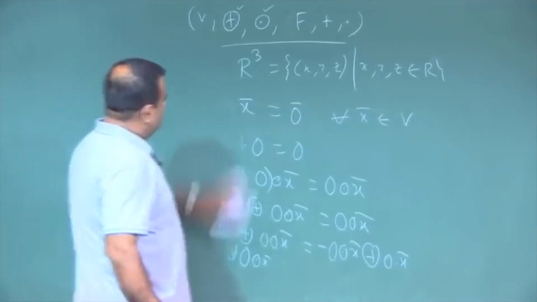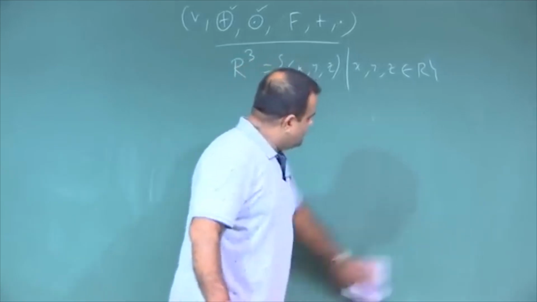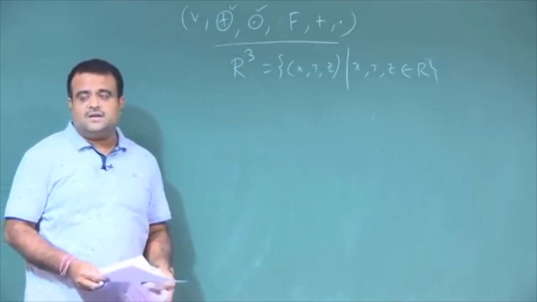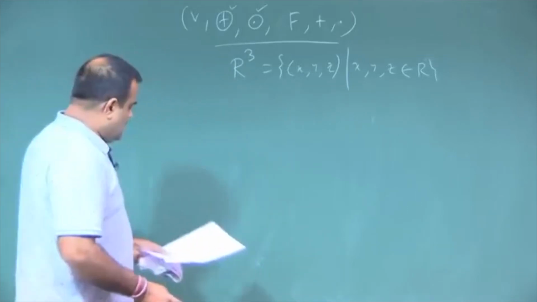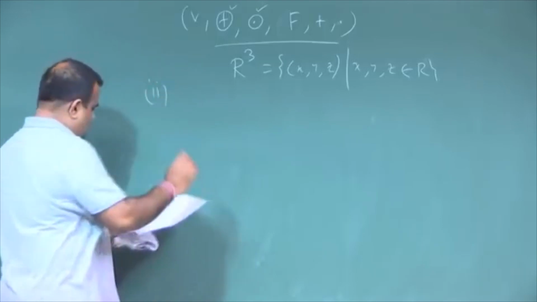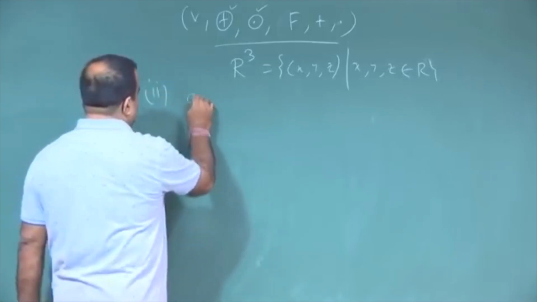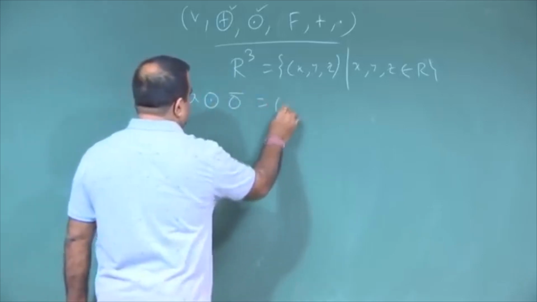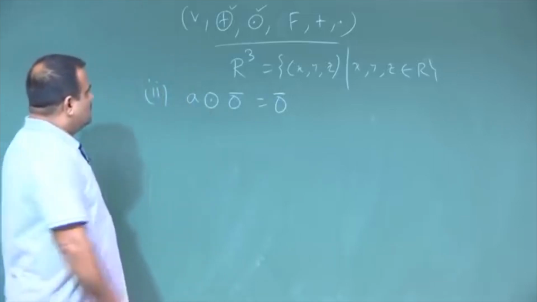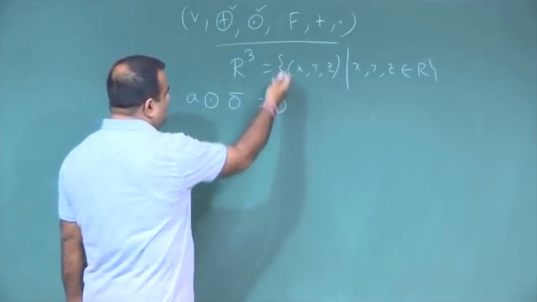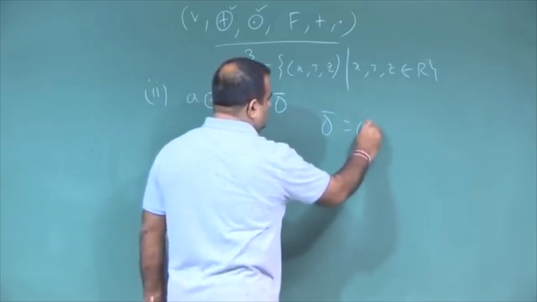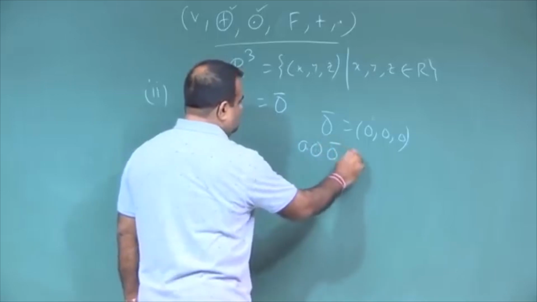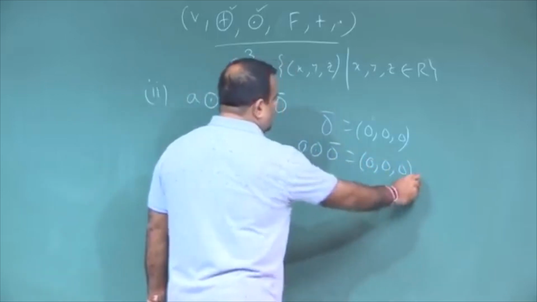Now another property is, if you think in R3 or this real vector space, then it is easier to visualize these properties. The second property is, if we operate with the 0 vector, then the result will be 0 vector. If we take the 0 vector, which is (0, 0, 0), and multiply with any scalar, this will also be (0, 0, 0).